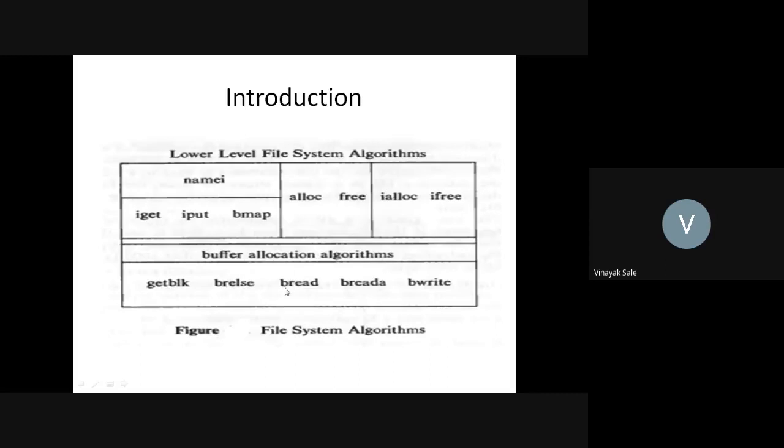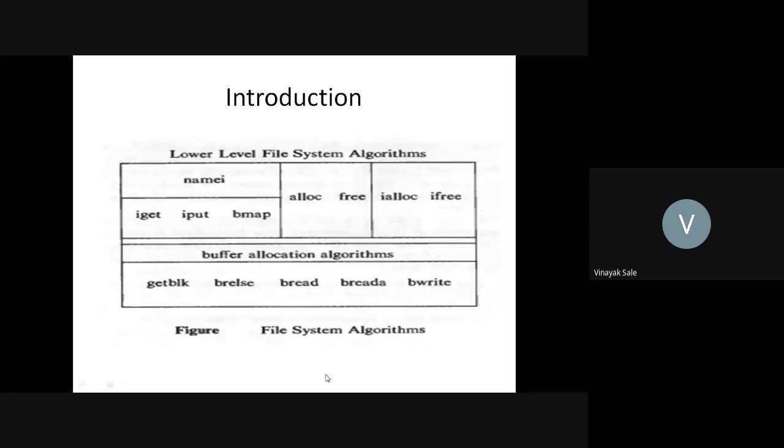Next we have studied the buffer read algorithm, that is, bread. Then we have studied the buffer read ahead algorithm, that is, breada. Then we have studied the bwrite algorithm.